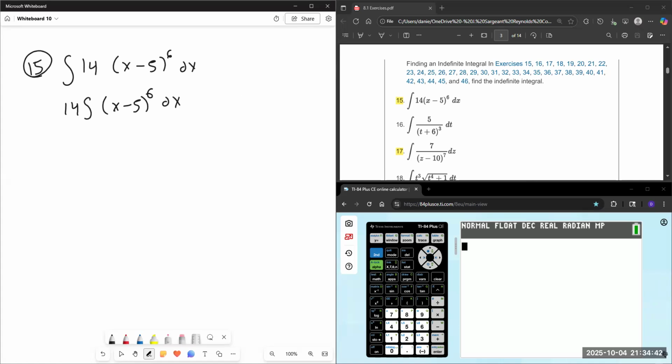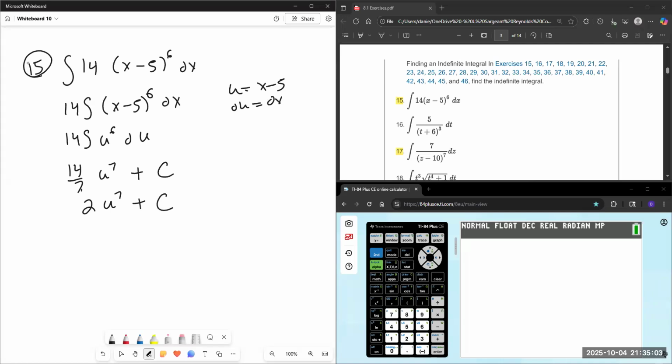For u equals x minus 5, du is dx, so this is 14 integral u to the 6th du, which is 14 over 7, u to the 7th plus c. 7 goes into 14 two times, so 2u to the 7th plus c is 2(x minus 5) to the 7th plus c.